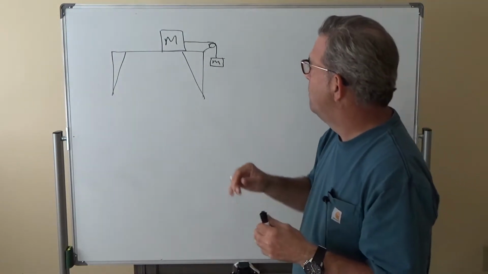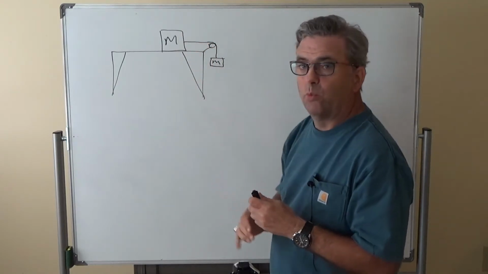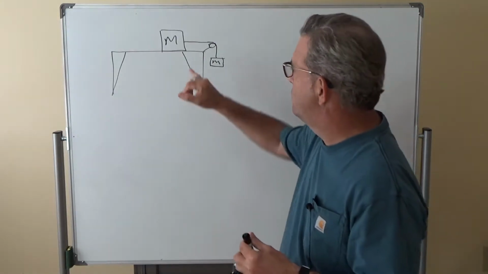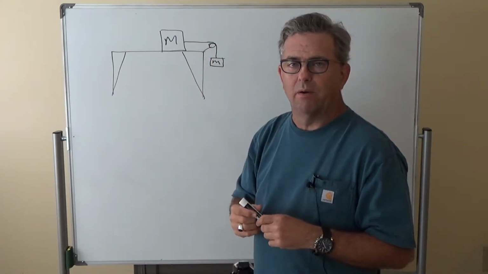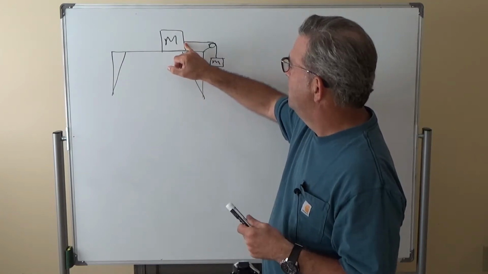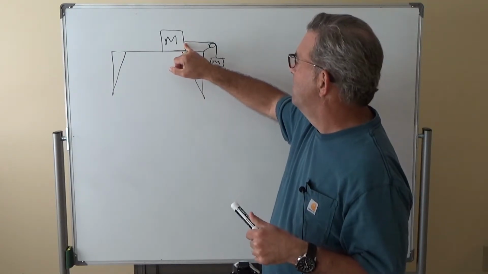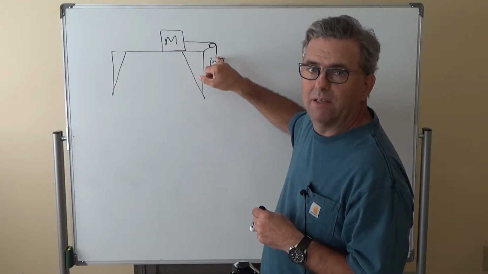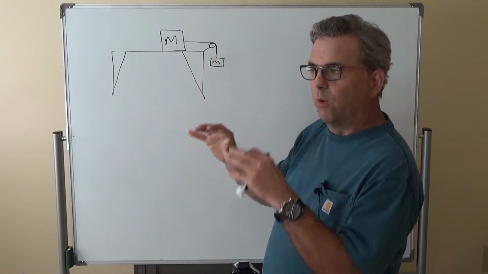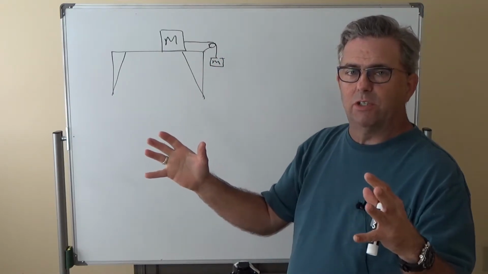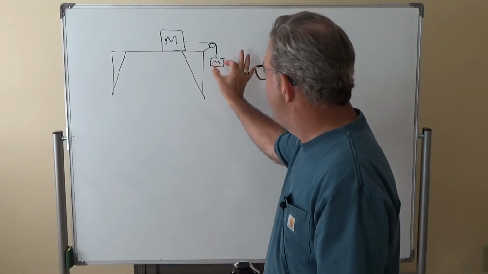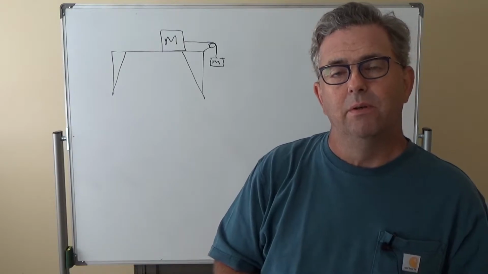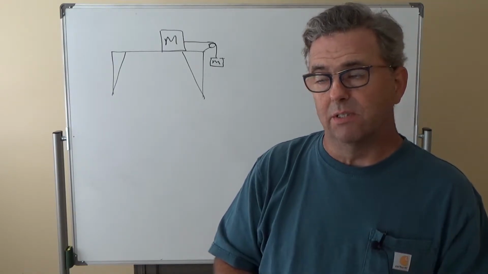So the string itself is just redirecting the force. The magnitude of the force along the string is the same everywhere. So whatever force, which we'll call tension, is acting at this point is the same tension or force acting at this point. So we set this up, the system starts from rest, this mass begins to fall, and we're going to calculate the acceleration of this system using the second law.